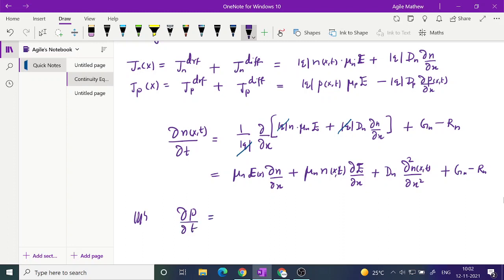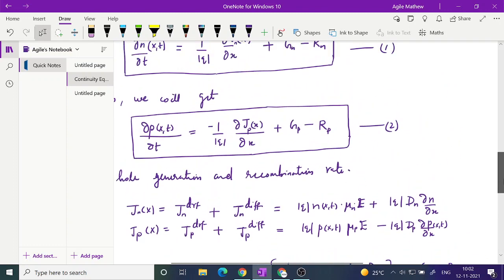So there we will substitute. If you do it for holes, what will be the difference? The only difference is that we have a change in sign here.